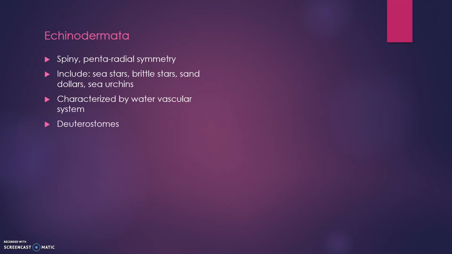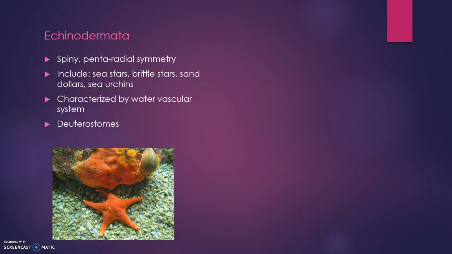This is the first time that you see deuterostomes pop up. The rest of the phyla were protostomes. So this is when things start to change a bit too. That's a sea star.